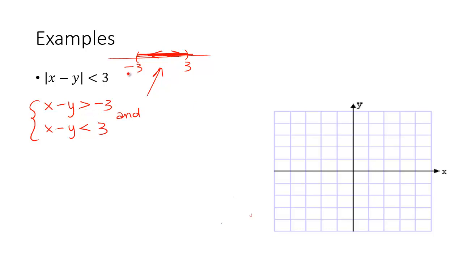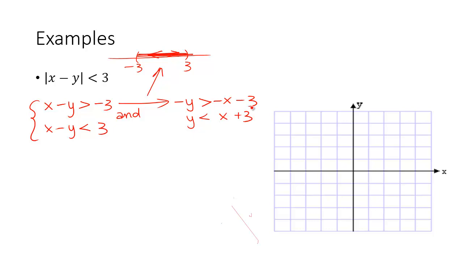Okay, so let's look at both of these. The first one, if we solve for y, we'll have -y greater than -x minus 3, but we want to change the signs, so our inequality sign will also change.